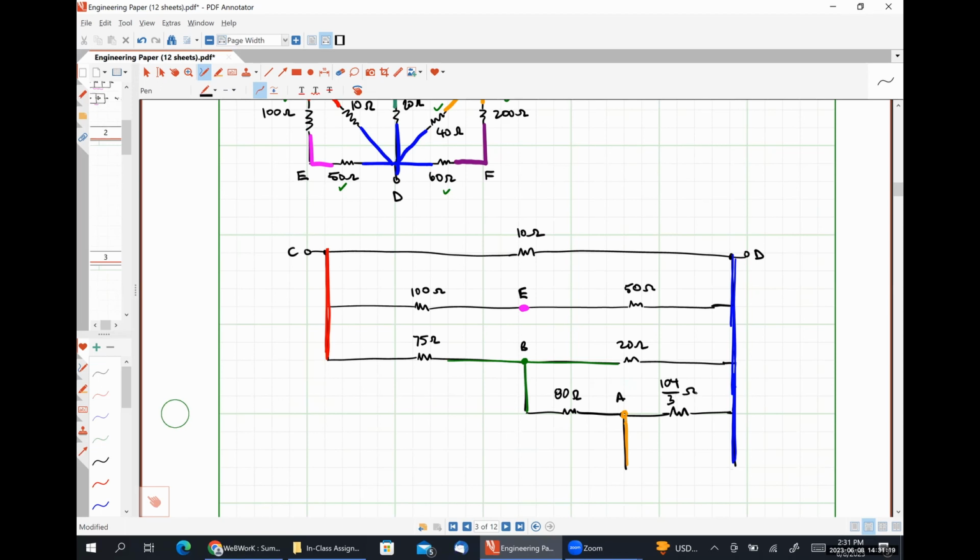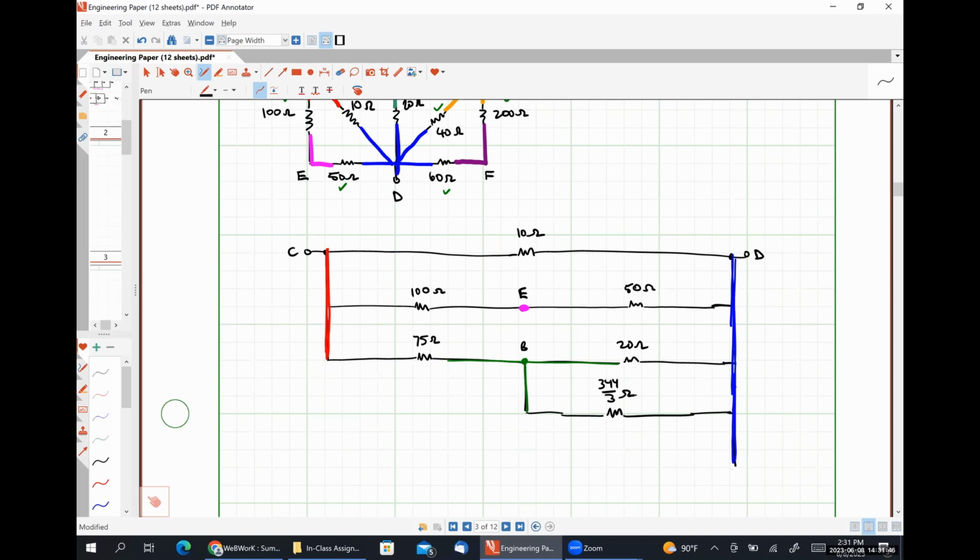How are the 80 ohm resistor and that 104 over 3 ohms connected? Series. They're in series, so I'm just going to add 80. So that gives me 344 over 3. And I'm just going to keep going, right?